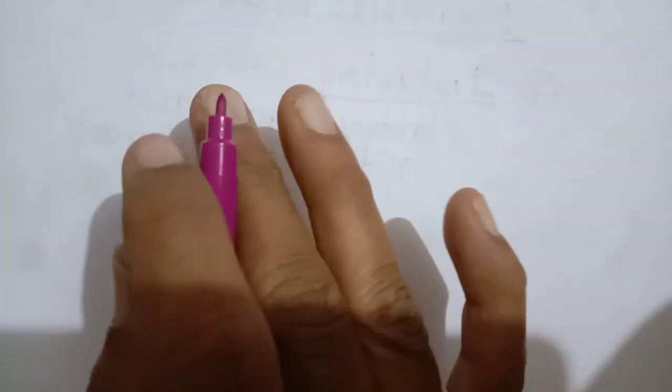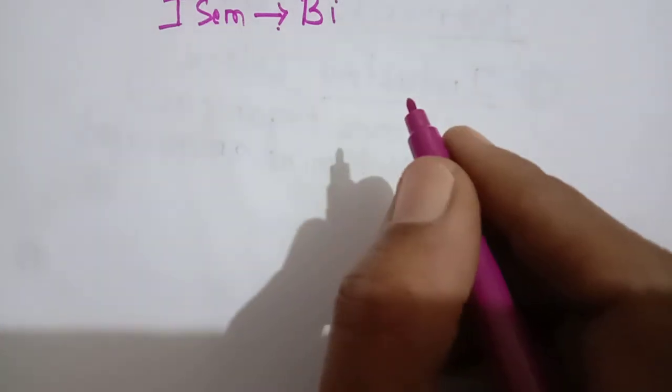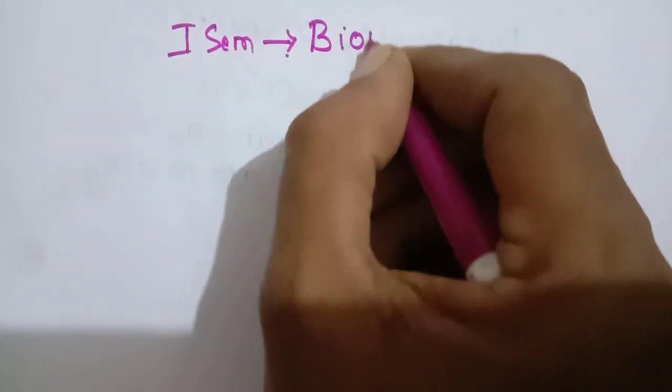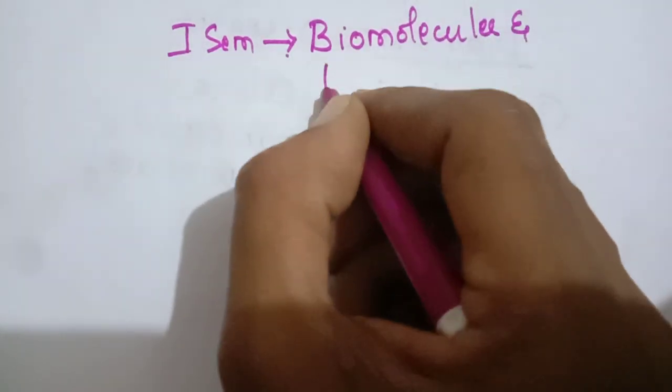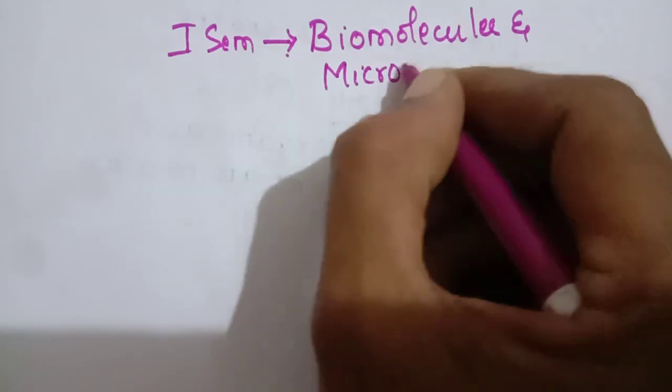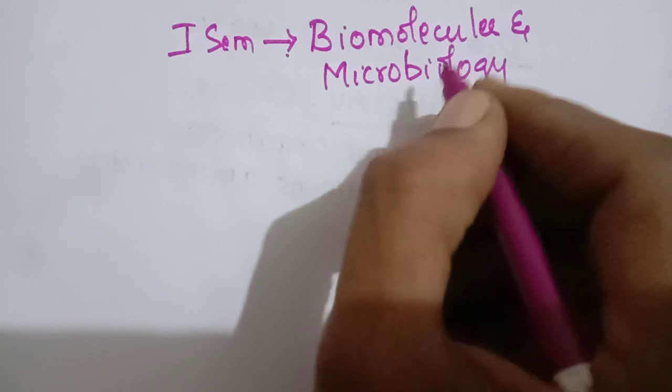That means in biotechnology we don't go directly into genetic engineering. Before going to the technological aspect, we should know about the living organism. That's why in the first semester you will study two important concepts: biomolecules and microbiology.